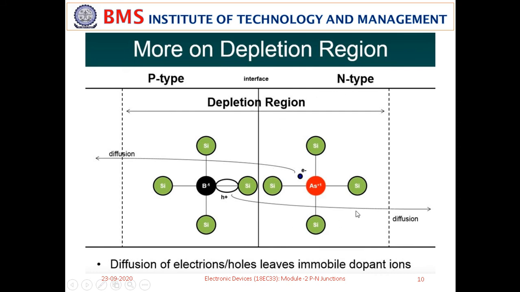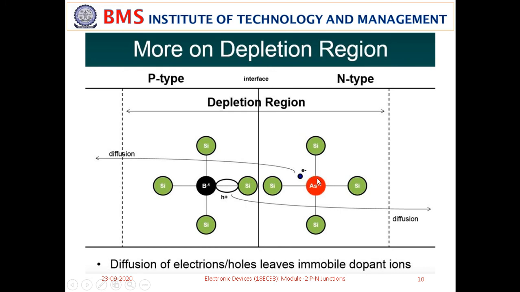In the n type material you can see there are a few atoms we have considered here to explain the concept, and in the p type material also these are all silicon atoms. Here n type is formed by doping with an arsenic impurity.